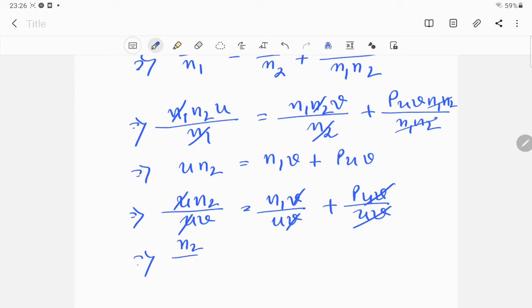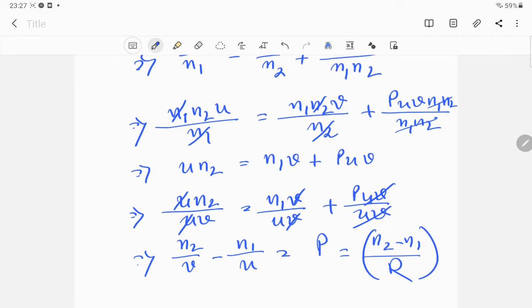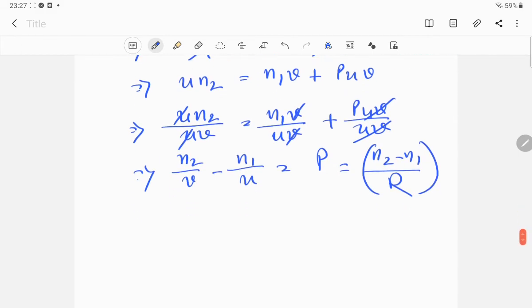So it is n2 by v minus n1 by u equals p, that is nothing but n2 minus n1 by r. This is equation number 9, where p again represents the power of that particular refracting surface.